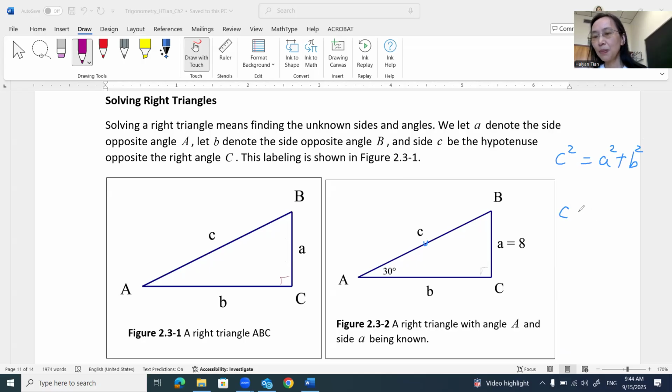So c, the hypotenuse, is the square root of a squared plus b squared, which is 8 squared plus 8 square root of 3 squared. So we can continue to get 8 squared plus 8 squared times 3, because when you square the 8 times square root of 3, that's a number we can continue to calculate.